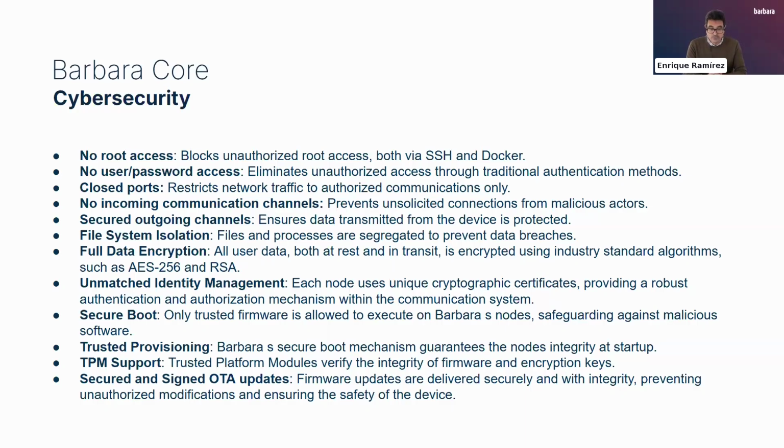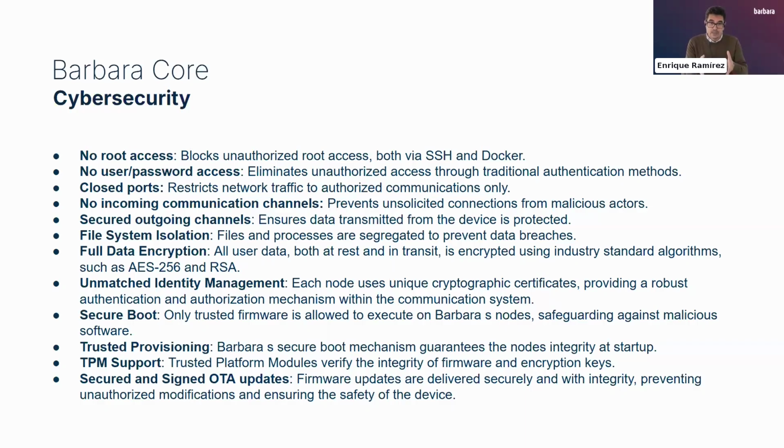All the ports are closed, so we restrict the network traffic only to authorized communications. This is very important because when you are deploying an edge node on-prem, on a plant, on a factory, or whatever, normally you have to follow the cybersecurity restrictions that the IT department normally has.